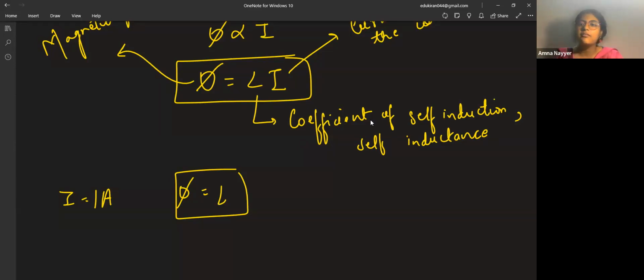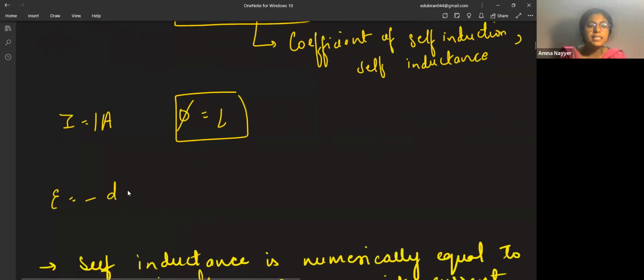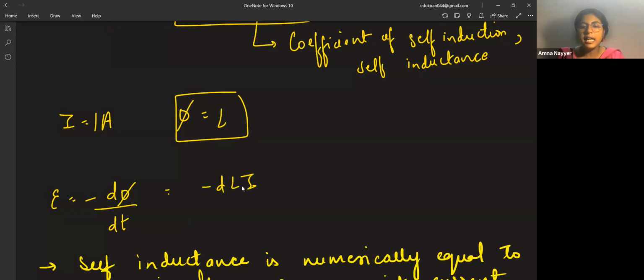One more formula of EMF we did, that was E equals minus d phi over dt. Phi is equal to Li, as I've told you right now. So this becomes minus d(Li) over dt. L is a constant, so that becomes minus L di over dt.